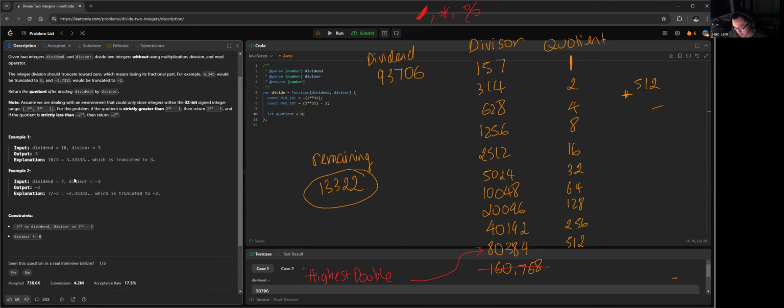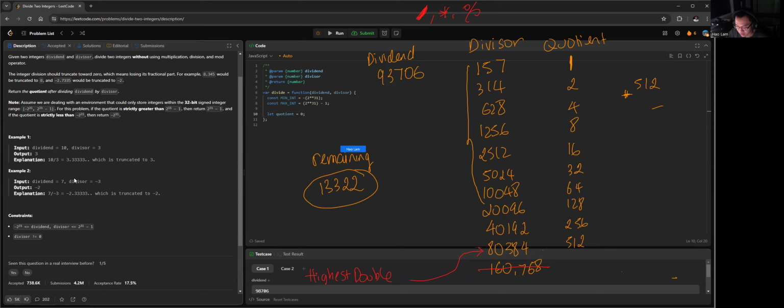If we go through the same process again, we have to go up until 10,000. This time we take the divisor 157 and double it again until we get to a number that is larger than the remaining.